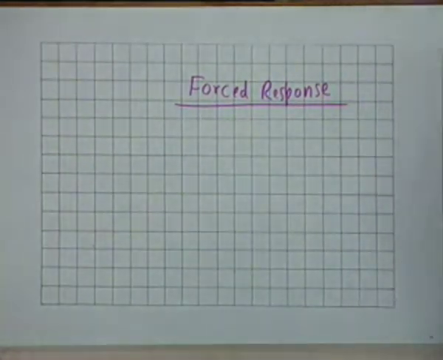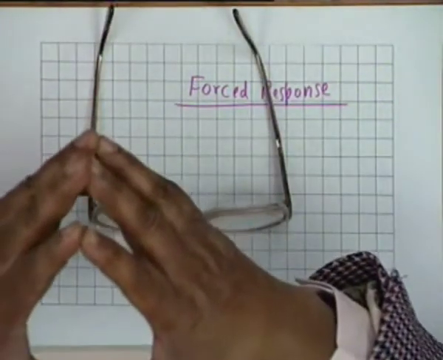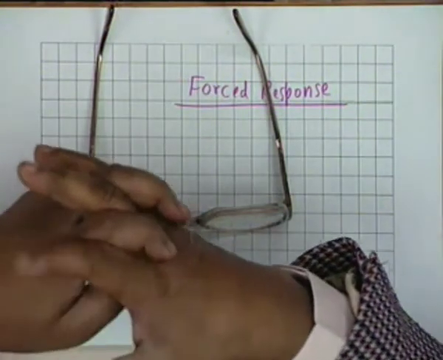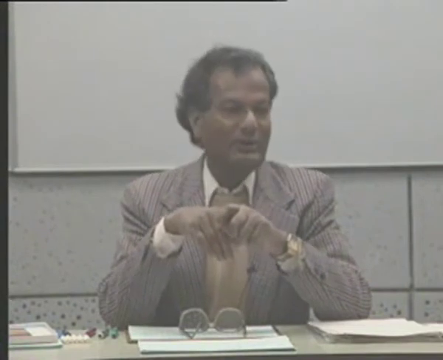That is, we consider a circuit in which there are energy storage elements, where energy is initially stored either in the form of charge on a capacitor or flux in an inductor, and then we cause the excitation or the reason for the initial charge removed, and find out what happens to the currents and voltages in the circuit. This is what we call natural response.